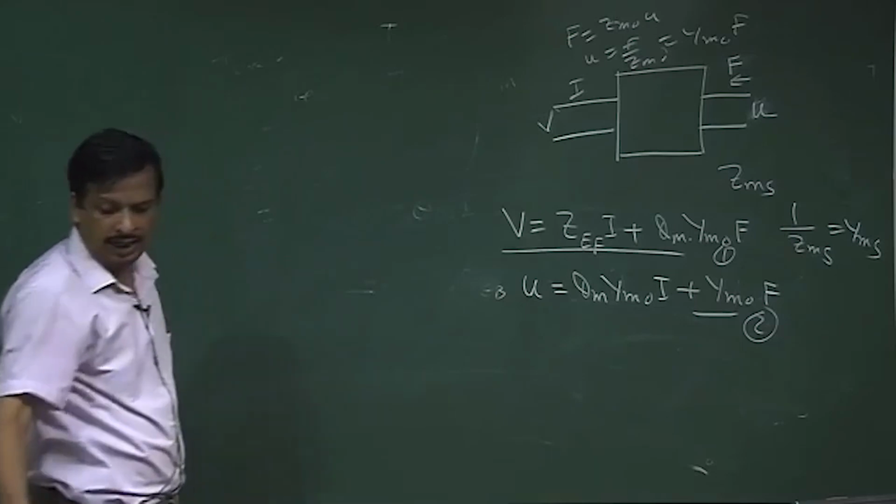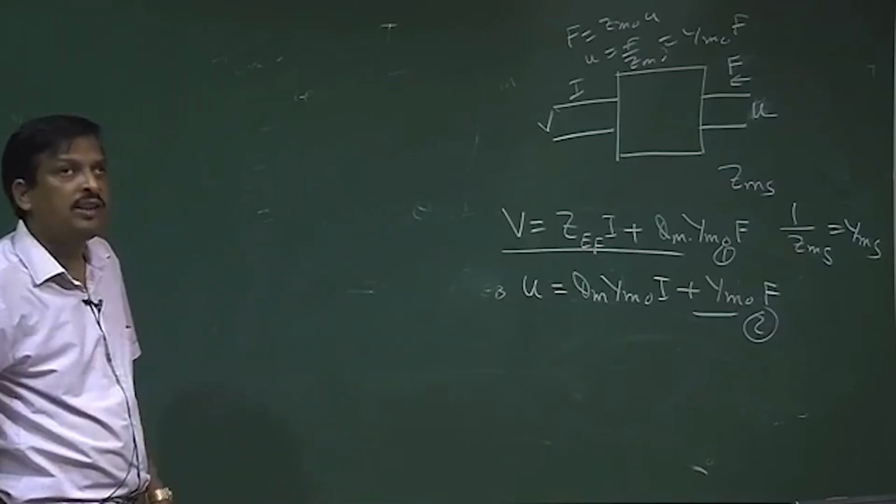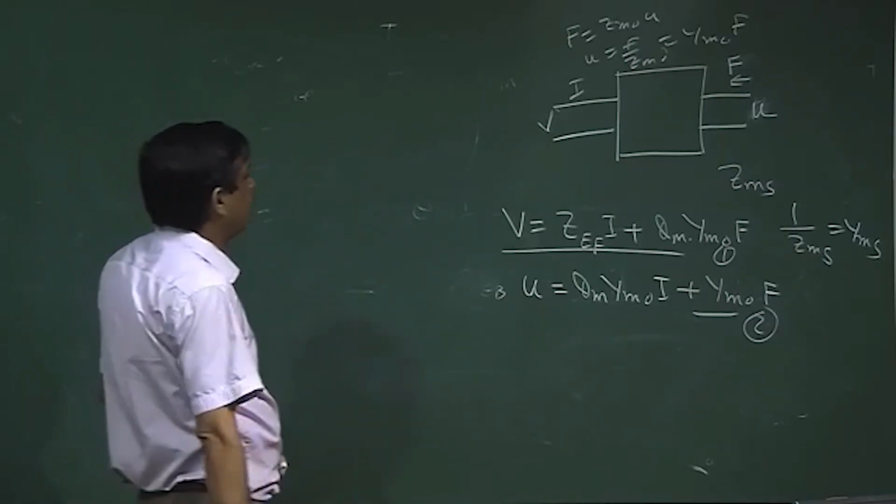Same thing. Can I draw the equivalent circuit for the anti-reciprocal transducer?